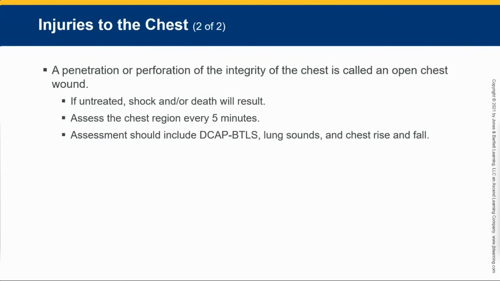As for injuries to the chest, penetration can disrupt the pressure gradient. If there's a hole in the chest wall, when we breathe in, our lungs expand, and hopefully air is pulled in through our airway into our lungs.